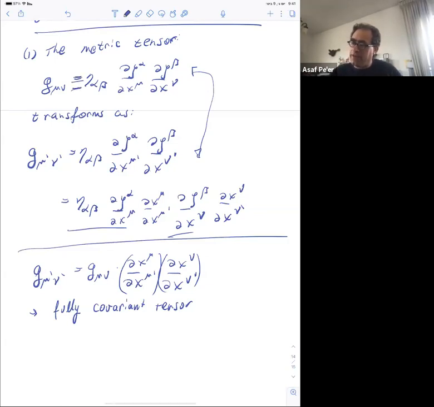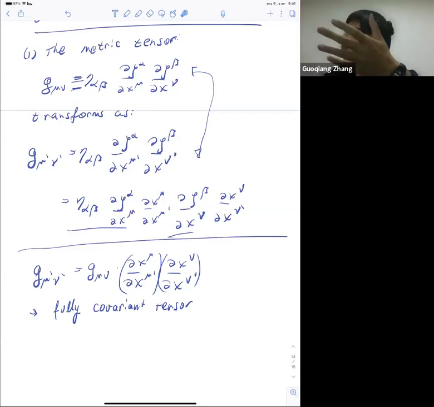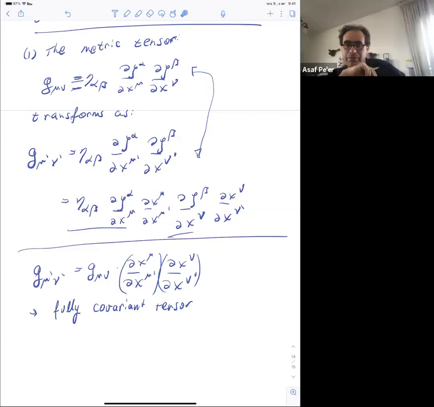Eta is indeed the metric tensor in flat space, that is true, of course. This is the definition that I use for g, how I define g in the coordinates specified by x^μ and x^ν.